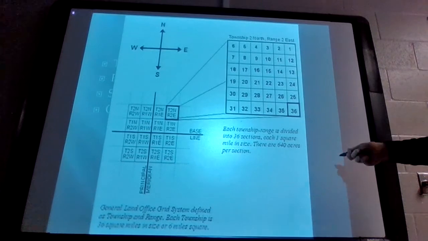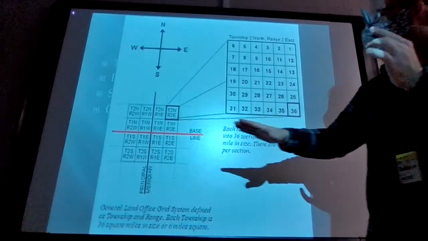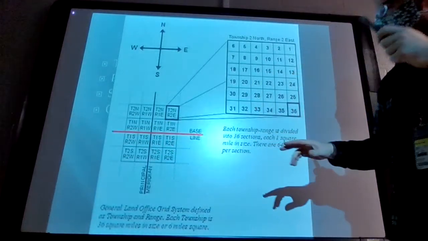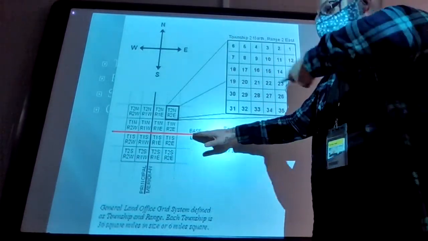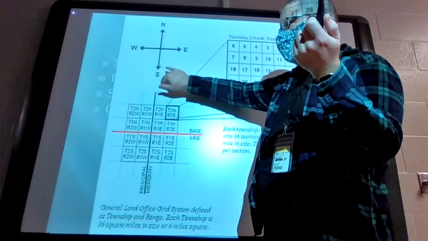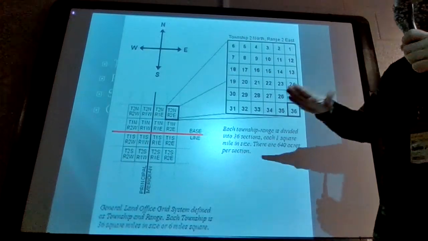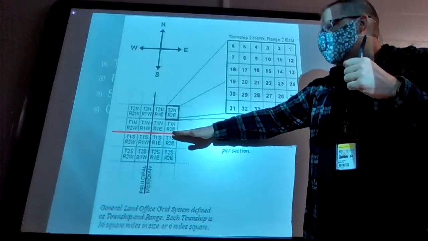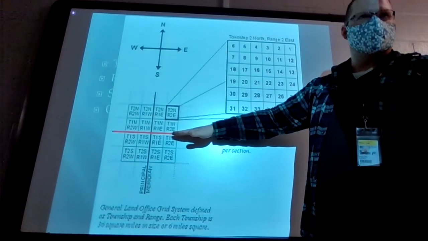Now, how the township and range goes, which I think they'll show us right now. You have your baseline with your two different lines. The baseline is your left to right line. Your principal meridian is your north to south line. And they're going to separate your townships and ranges. So you can see above the baseline, we start to count the townships.